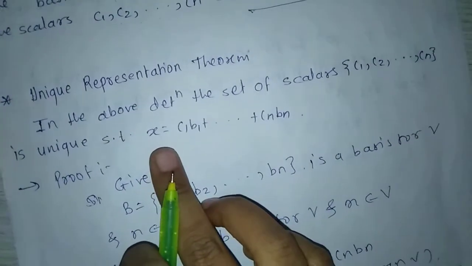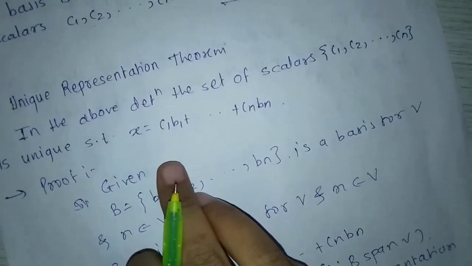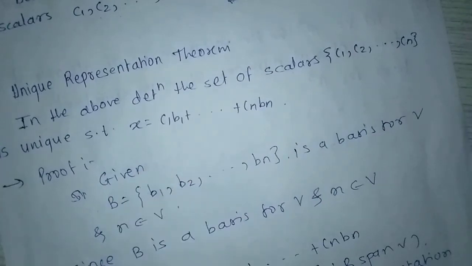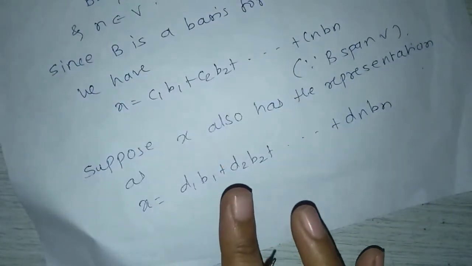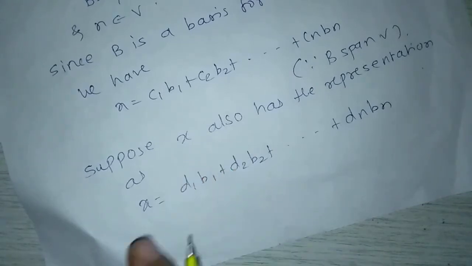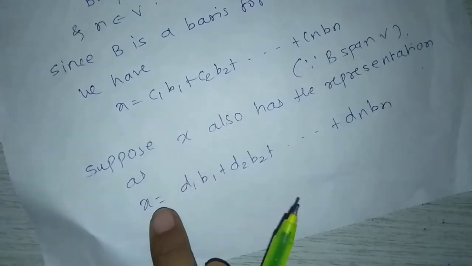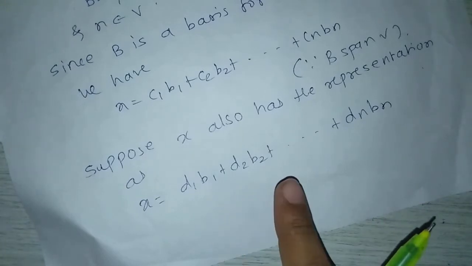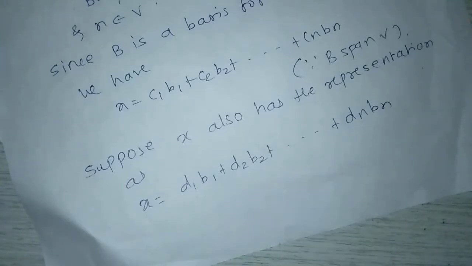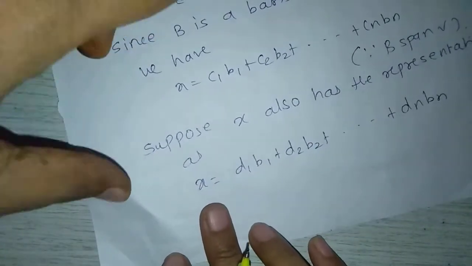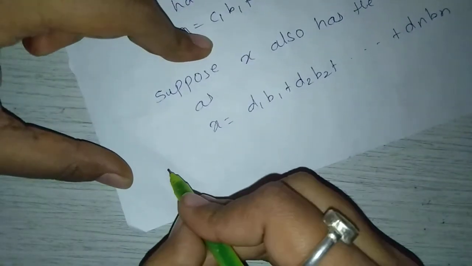We want to show that X equals C1 B1 plus and so on plus Cn Bn is a unique representation. But here we assume the contrary, that X has another representation, X equals D1 B1 plus D2 B2 plus and so on plus Dn Bn. Now subtract these two equations.